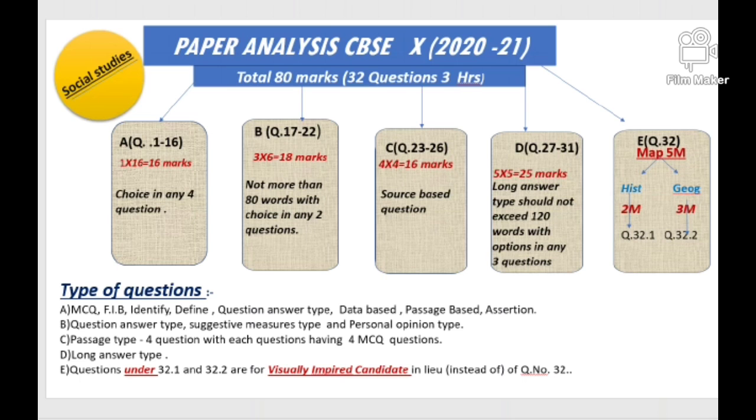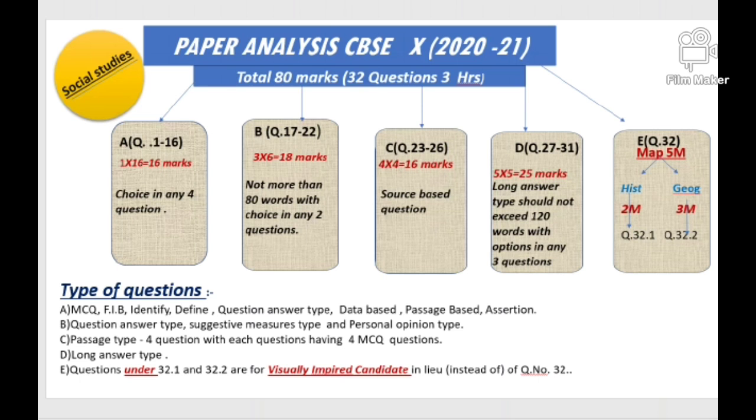Okay. Now in section E, questions under 32.1 and 32.2 are for visually impaired candidates in lieu.